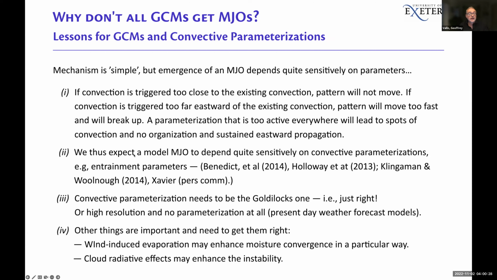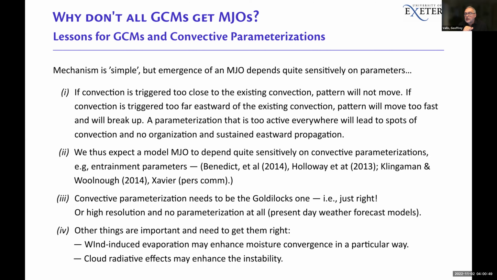So I say here, we do expect a model MJO to depend somewhat sensitively on convective parameterizations. It needs to be somehow just right. And perhaps that's why a lot of GCMs don't get it.